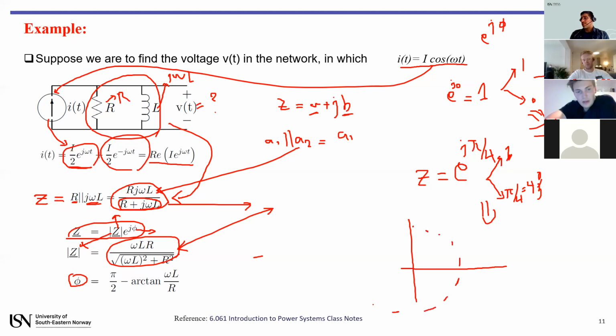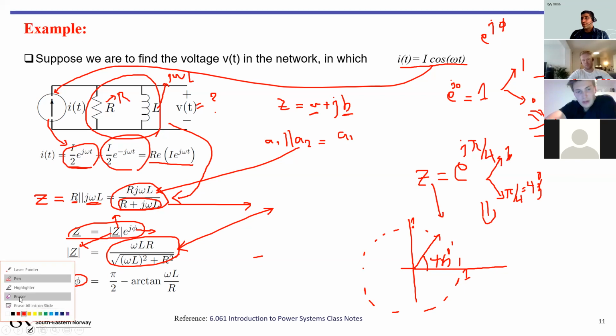Suppose that you are in a circle whose radius is 1. So here is Z, this one. The amplitude is 1 and the angle is 45 degrees. Is it okay? And suppose that we have pi over 2.